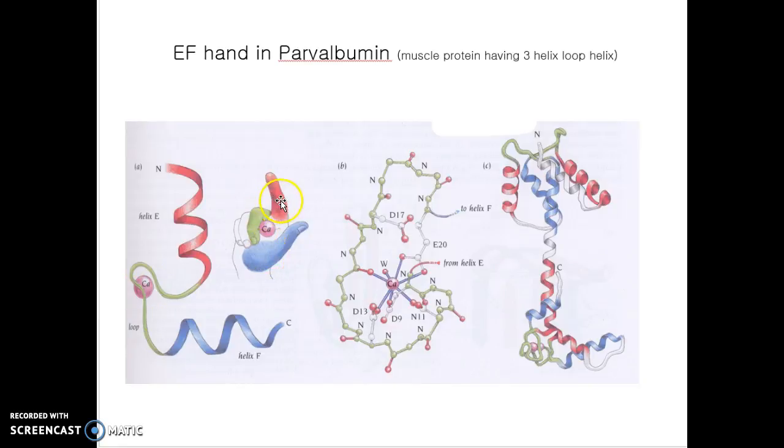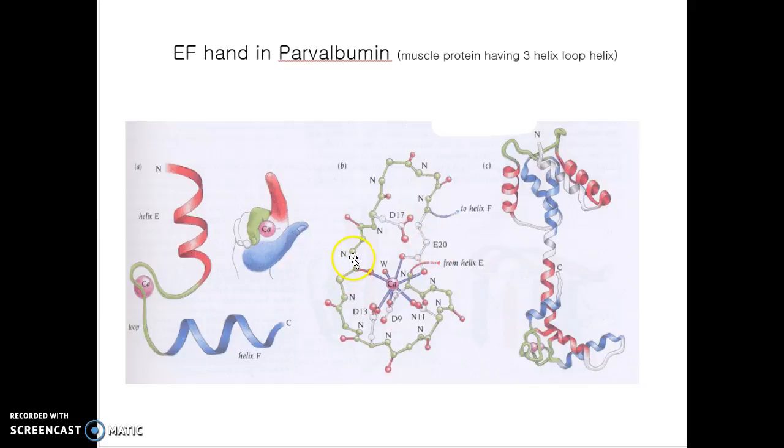You can see the actual configuration formed by three fingers, and the calcium position in a pocket made by three fingers. In B, you can see calcium binding bonds between the protein and calcium: negatively charged aspartic acid D and glutamic acid E side chains are the key elements.